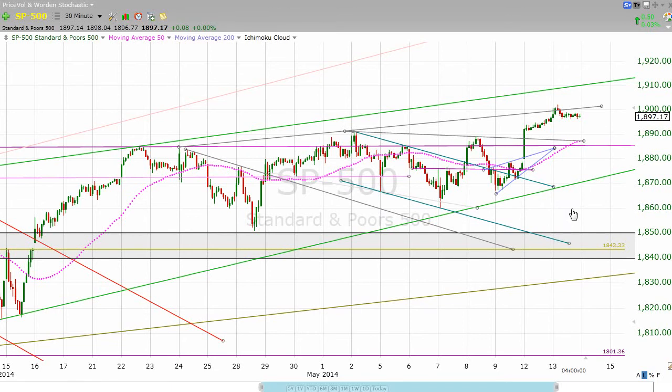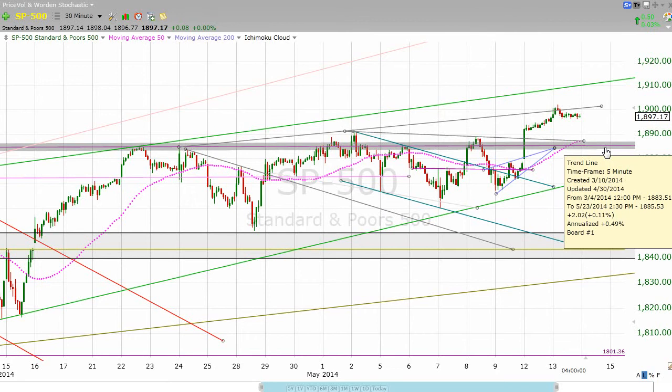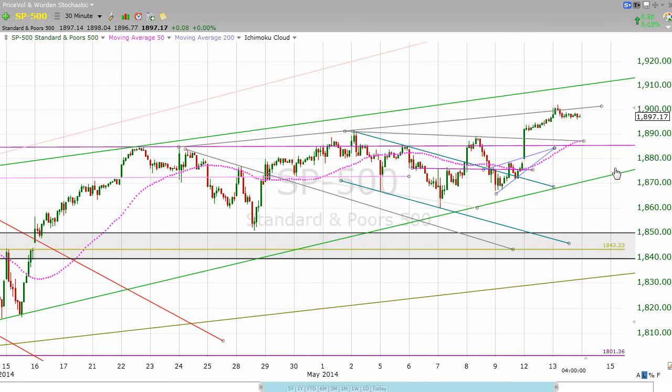So it's nice to be over that trend line, 1884, 85-ish, you know what I'm talking about. It's nice to be over that for the second day in a row. If you look closely, over the past few weeks, we have not been able to hold anything over that.